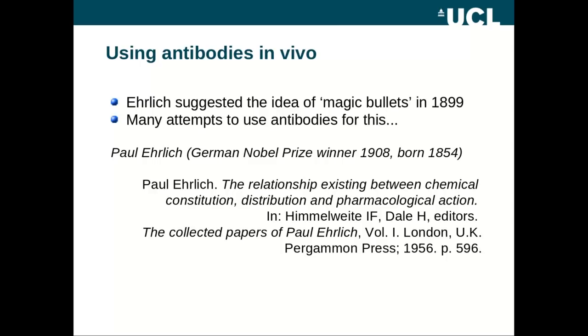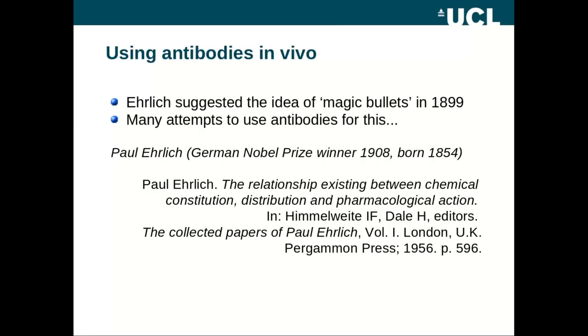So, why do antibodies make good drugs? What is special about antibodies that means that so many biotech companies and pharmaceutical companies are now interested in producing antibody-based drugs? Well, the idea was actually suggested as long ago as 1899 by Paul Ehrlich, who suggested the idea of what he called magic bullets.